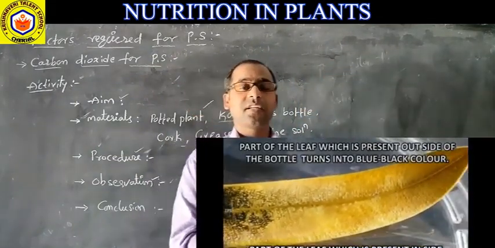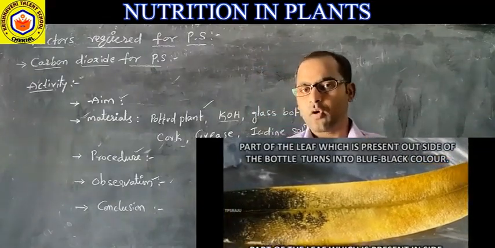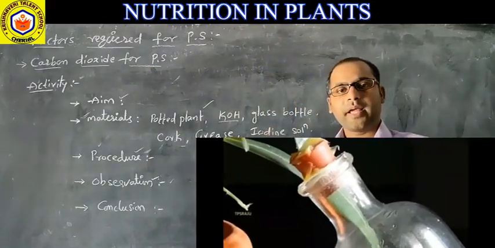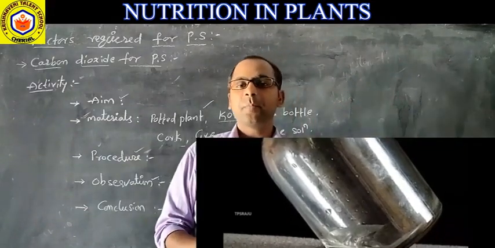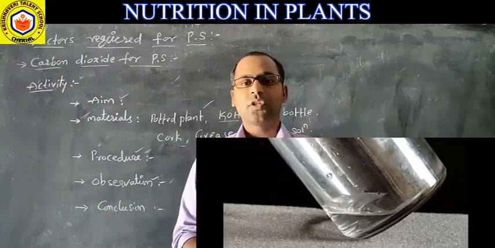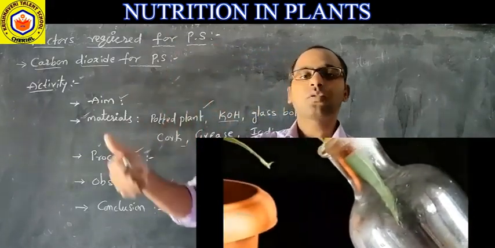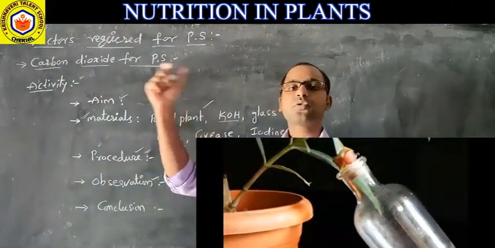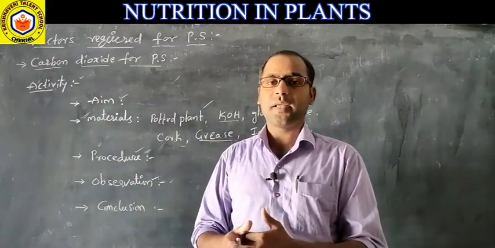Inside the bottle, photosynthesis has not taken place because there is no carbon dioxide, which is absorbed completely by the potassium hydroxide solution we placed inside. And the part of the leaf outside the bottle is exposed to atmospheric carbon dioxide, so there photosynthesis takes place.